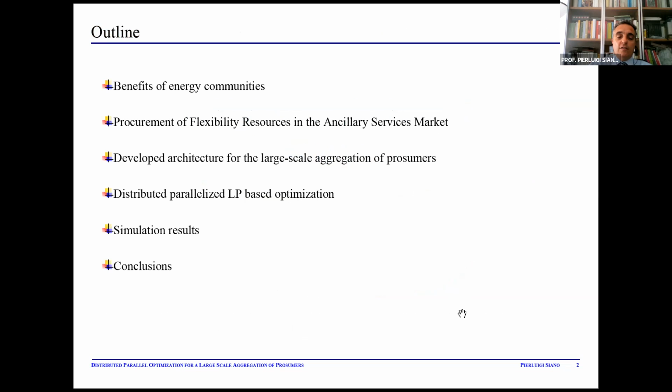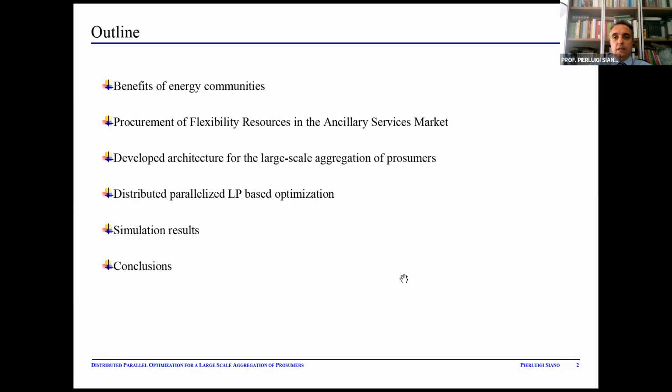In this presentation, after briefly introducing the benefits of energy communities and the procurement of energy flexibility resources in the ancillary services market, I will present an architecture for the large-scale aggregation of prosumers that we designed and developed at the University of Salerno in the context of an Italian pilot project to allow a community of prosumers to participate in the ancillary services market for providing energy flexibility.